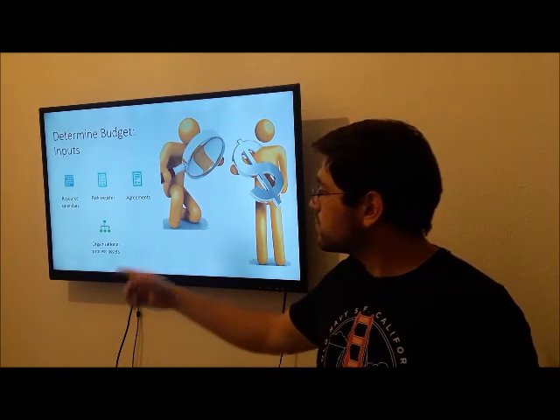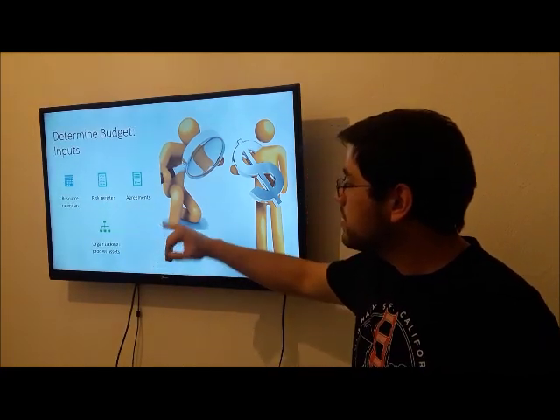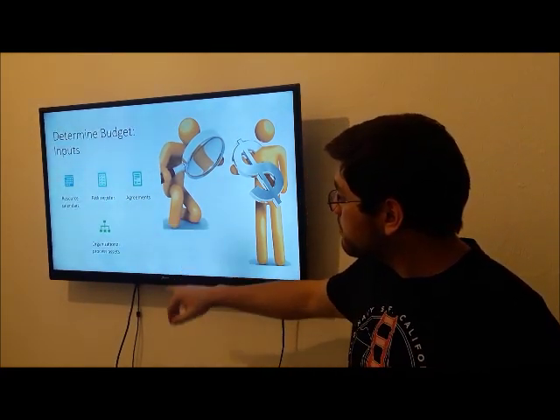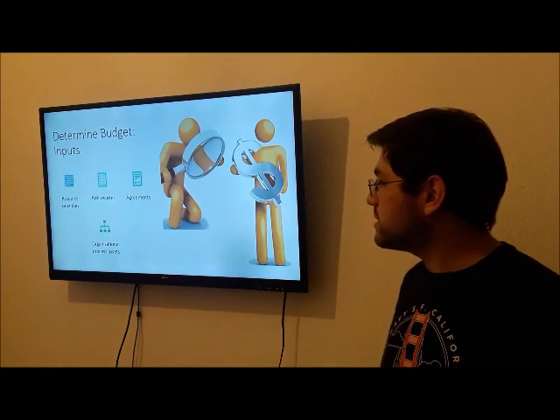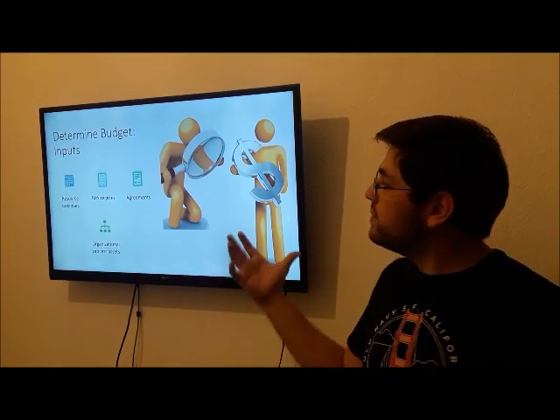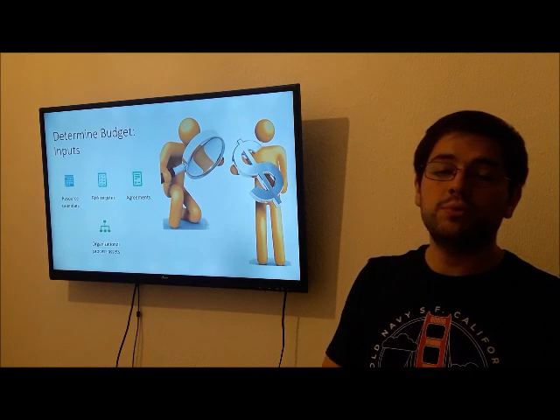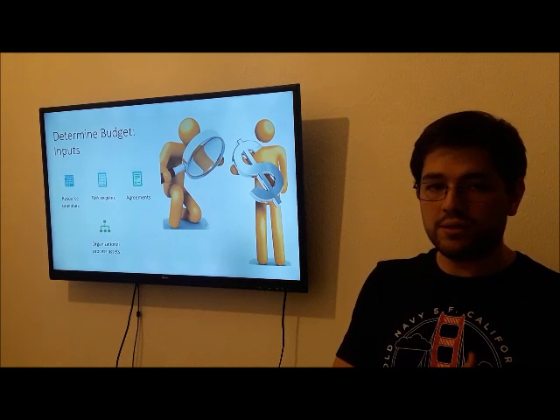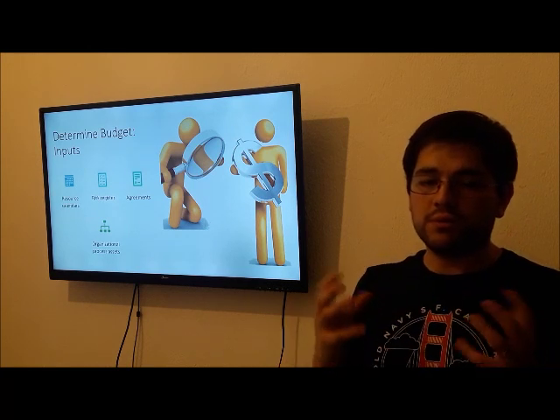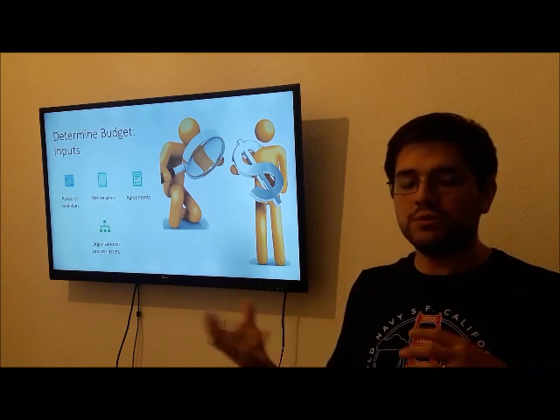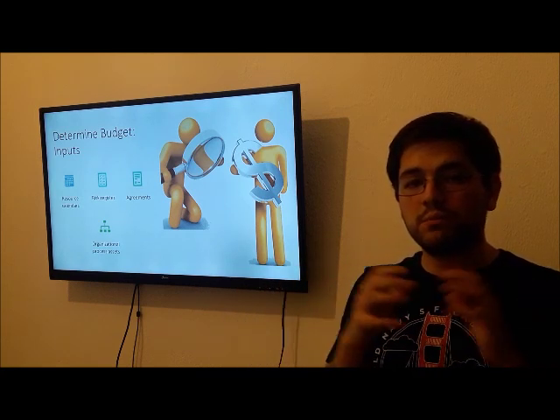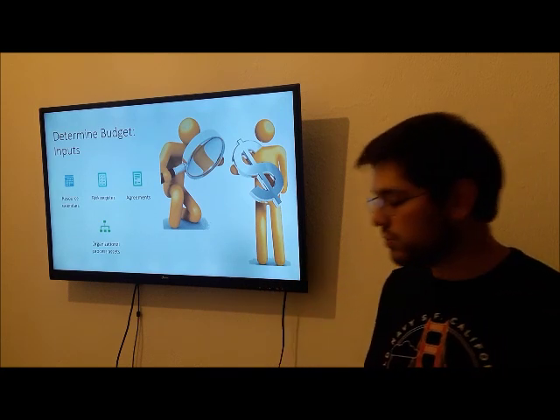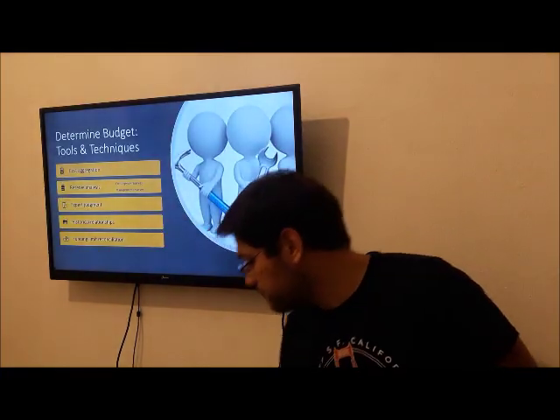Other inputs: resource calendars, risk register, agreements, organizational process assets. Like we can see, these inputs are similar to the inputs that we had in the estimation, because in small projects, this is why in small projects we can combine both and make just one big step instead of two.